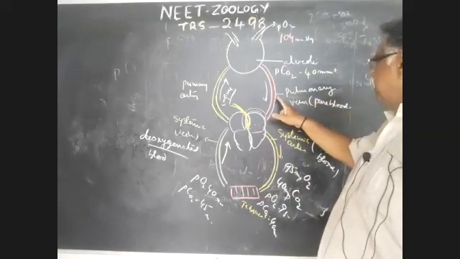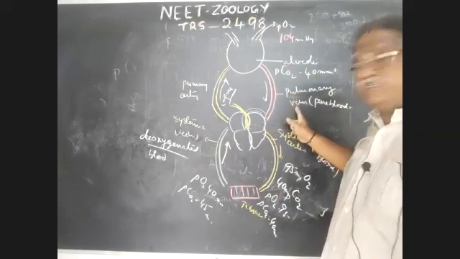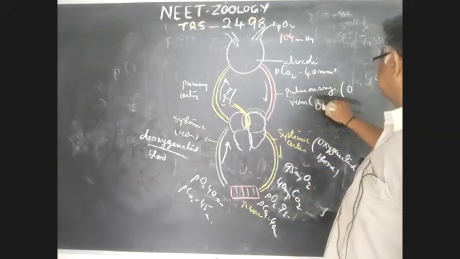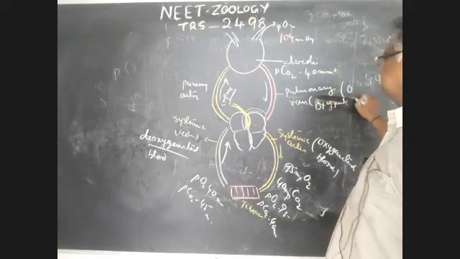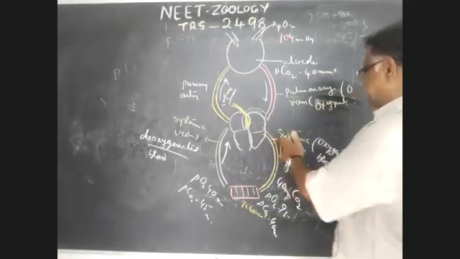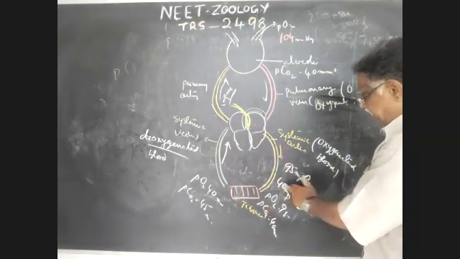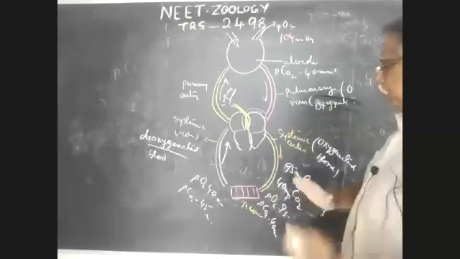Through pulmonary veins, oxygenated blood goes to the heart and then to the systemic arteries, then to the tissues having PO2 95 mmHg and PCO2 40 mmHg.